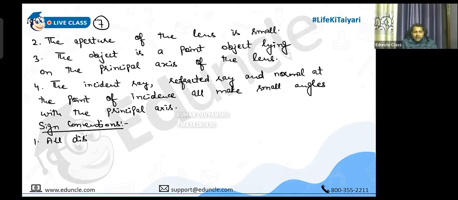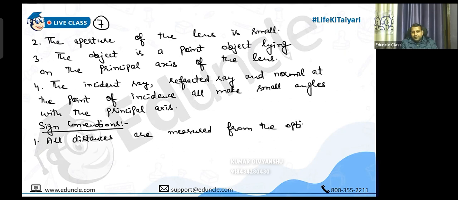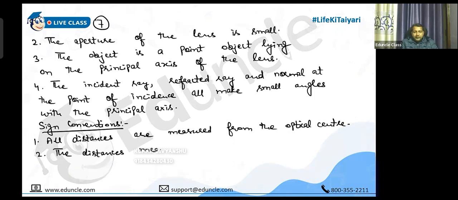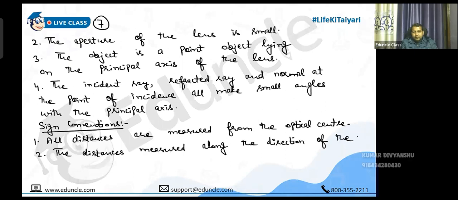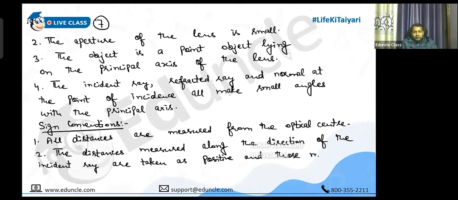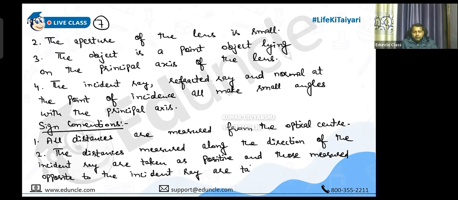The first one: all distances have to be measured from the optical center in the case of a lens, and the distance is measured along the direction of the incident ray. So these are the sign conventions.